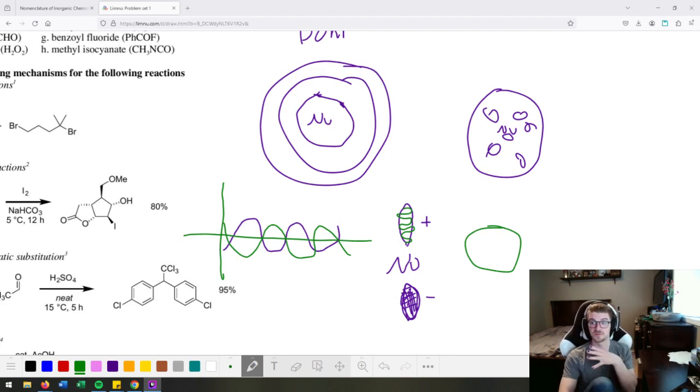In those solutions, it comes out that one of these lobes of electron density has an arbitrarily assigned positive phase, and the other lobe has a negative phase, an opposite phase to that.